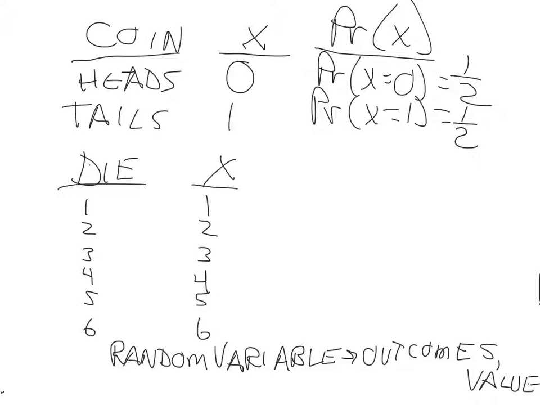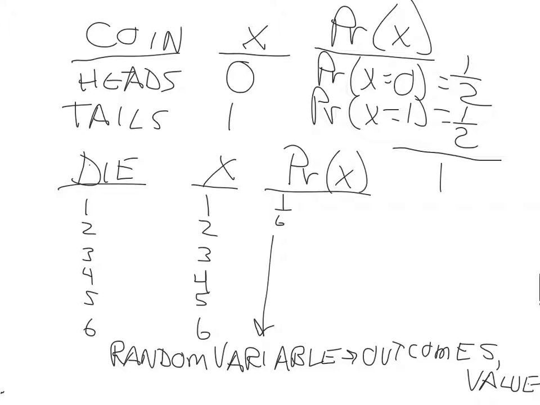Now those are all the possible outcomes, and we notice something interesting about that. If I add up all the probabilities, it's going to add to 1, which is as it should be. Similarly, in the case of the die, all of those probabilities are going to be 1/6, and if I add them up, the total will be 1. Again, as it should be.